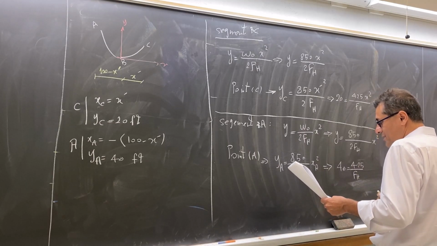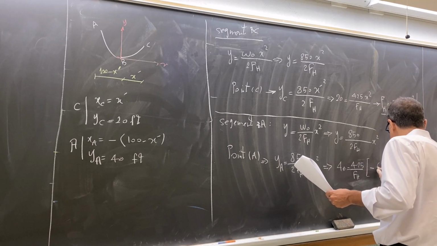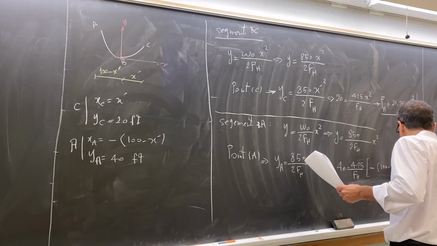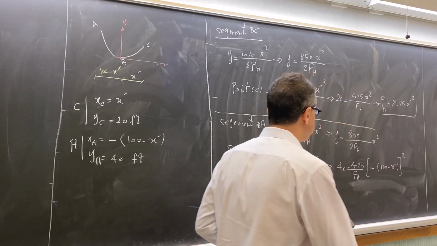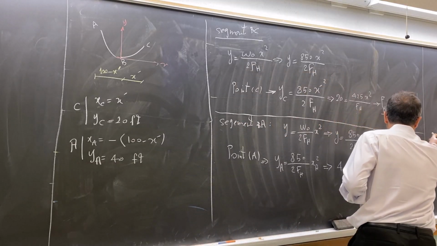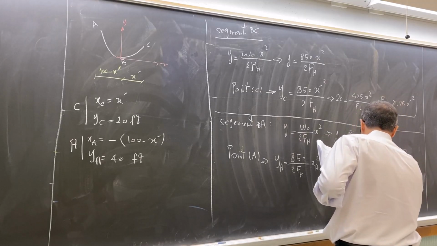And x for point A is negative 100 minus x prime. That's it. So basically we have two equations.